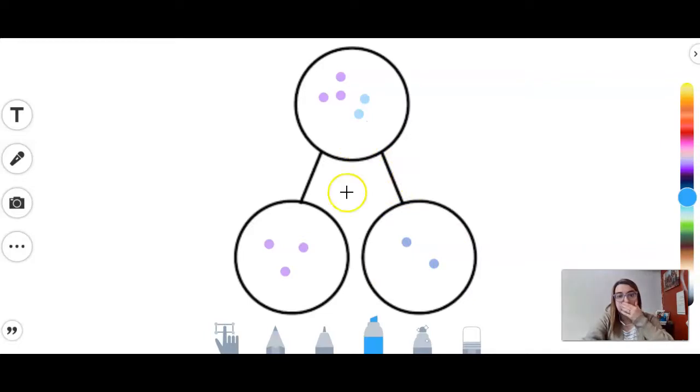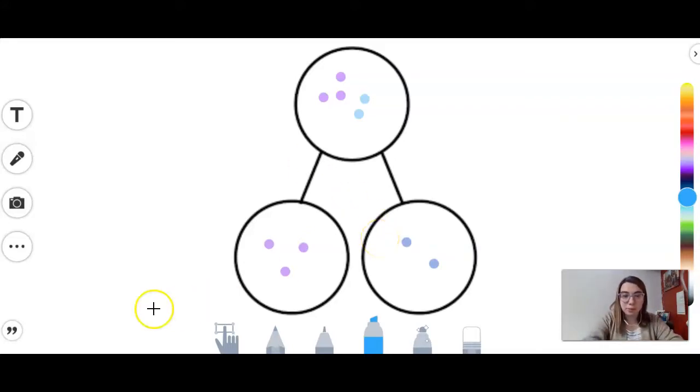And we can see how there are the 2 parts right here, the purple dots in one part, the blue dots in the other part, and how they go into the whole. Part, part, whole. 3 and 2 is 5.